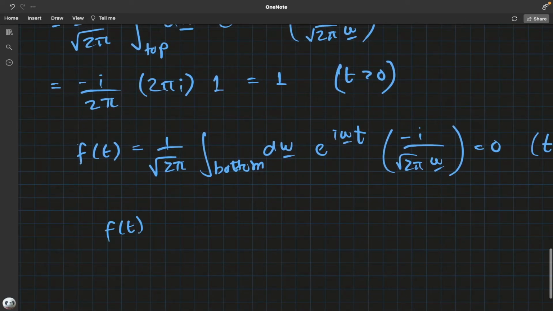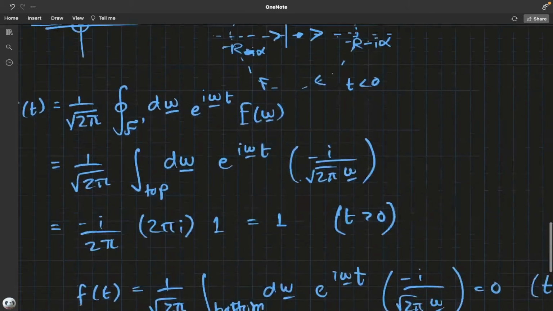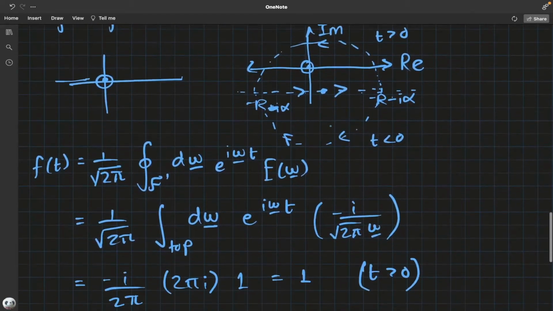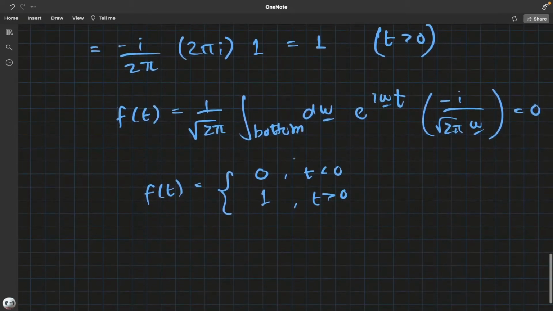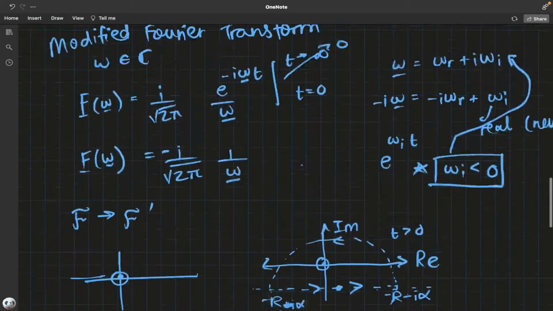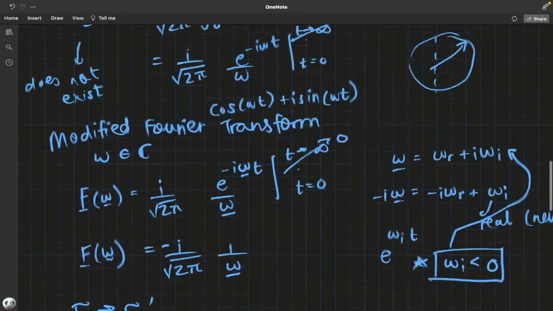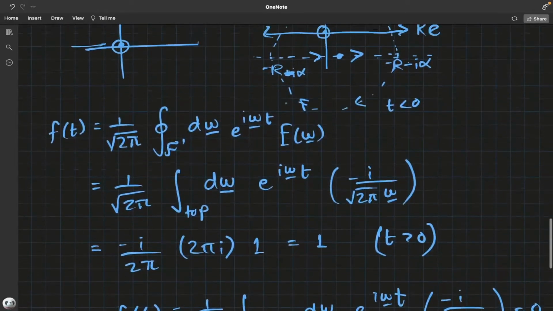It really returns what we originally had for our f of t. So this theory of using a complex frequency really works. A modified Fourier transform really works when we have some weird functions like 1 that really don't work with the conventional Fourier transform approach.